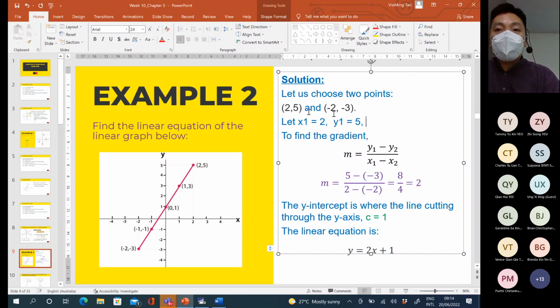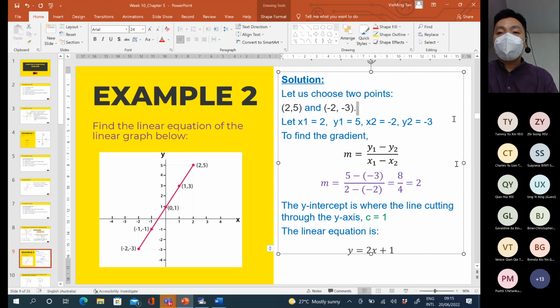And this is the second x value, so we use x2 equals -2. And the second y value, y2, is equal to -3. This is an additional step.